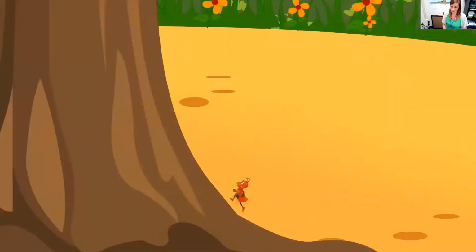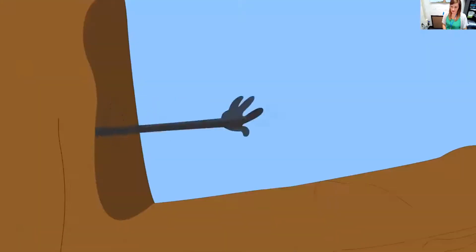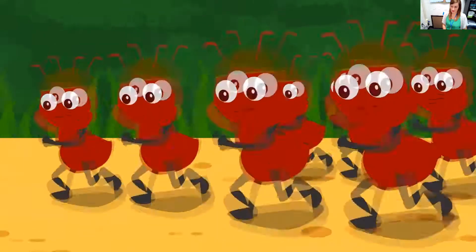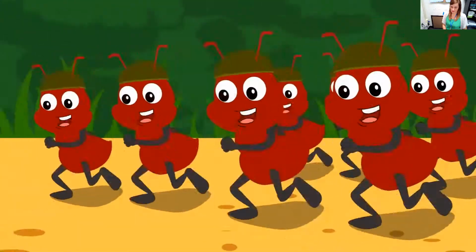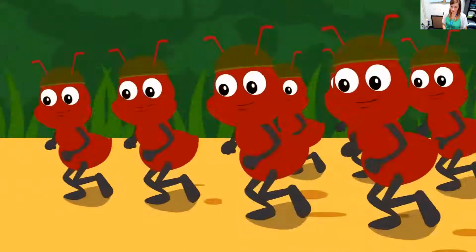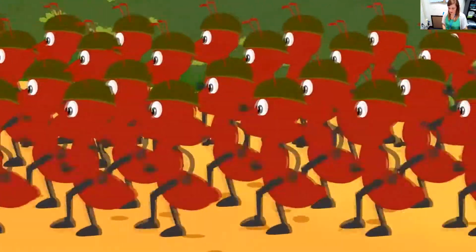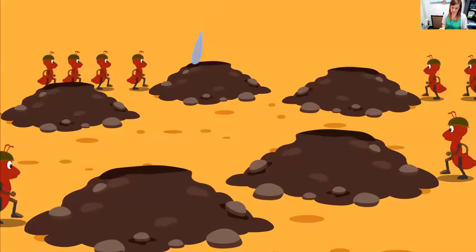The little one stops to climb a tree. The ants go marching four by four. The little one stops to shut the door.